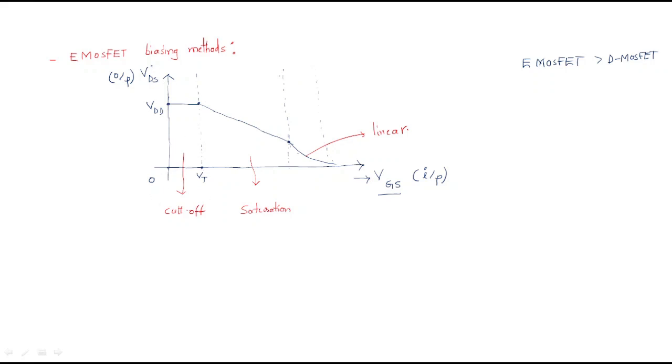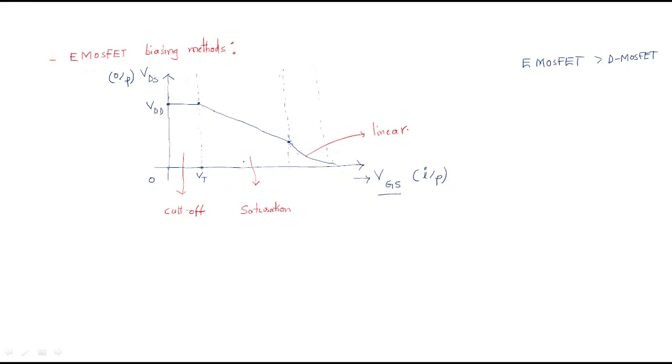That means the complete drain source voltage is VDD. That region is called the cutoff region. Then the saturation and linear regions follow; these are the different regions.